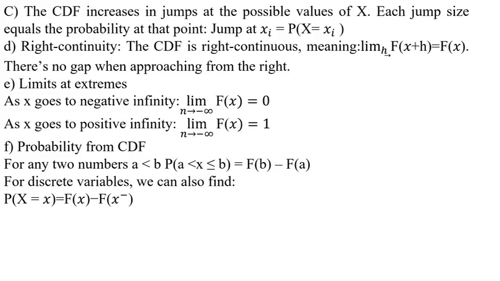For any two numbers a less than b, the probability of a less than x less than or equal to b equals f of b minus f of a. For a discrete variable, we can also find p of x equals x, which equals f of x minus f of x inverse negative.